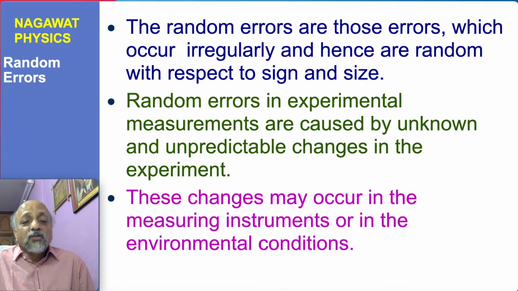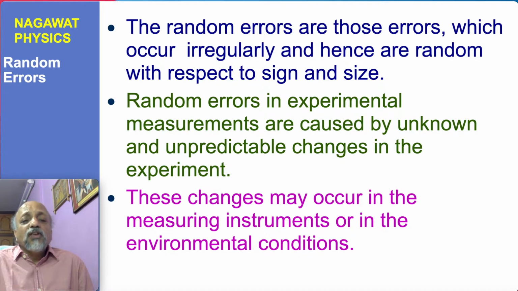The other errors of importance, as I have already said, are random errors. Random errors are those errors which occur irregularly and hence are random in nature with respect to the sign of the error as well as the size of the error. These errors cannot therefore be systematically predicted by a theory, and we cannot make a study of them directly.